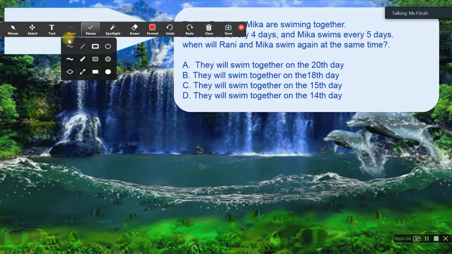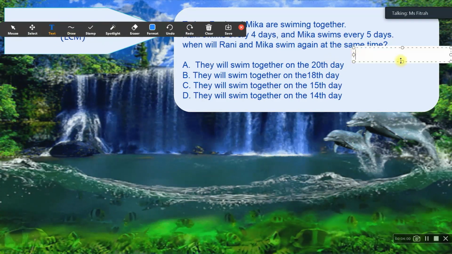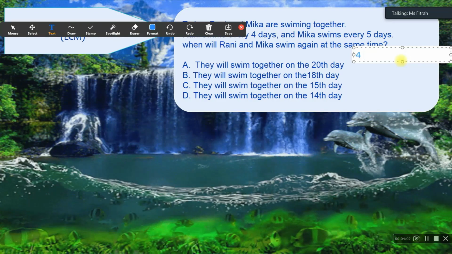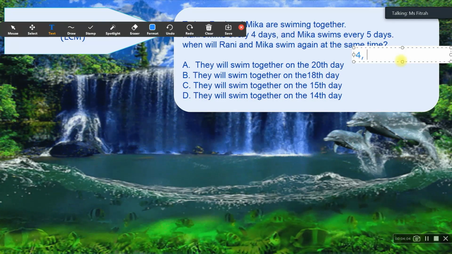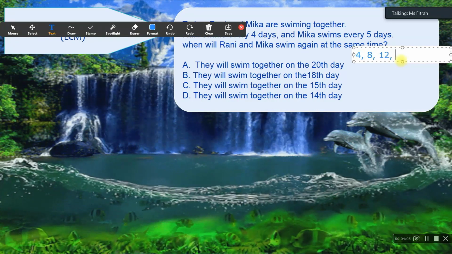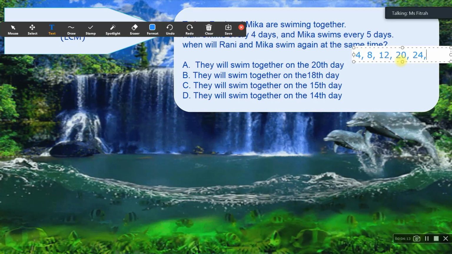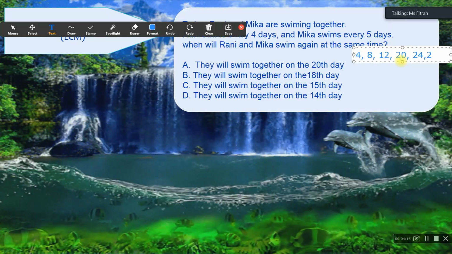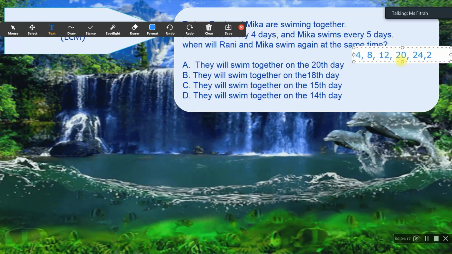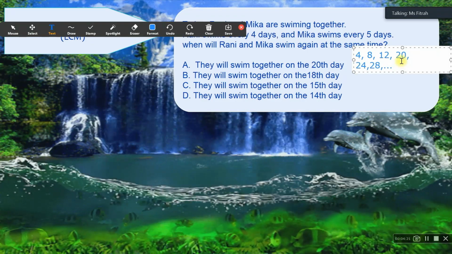Multiples of 4. Where is multiples of 4? 4 and then 8 and then 12 and then 20 and then 24 and then 28 and so on.